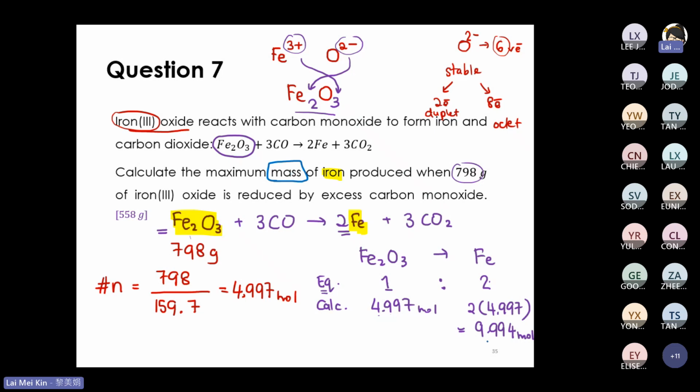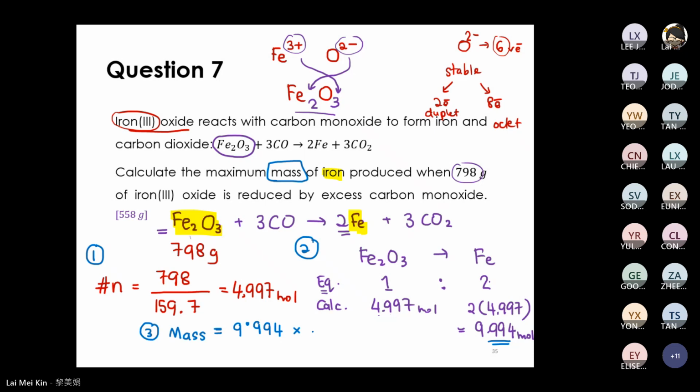You have the number of moles, so the next step is to find the mass. Number of mole is mass over molar mass, so mass will be your number of mole multiplied by the molar mass.